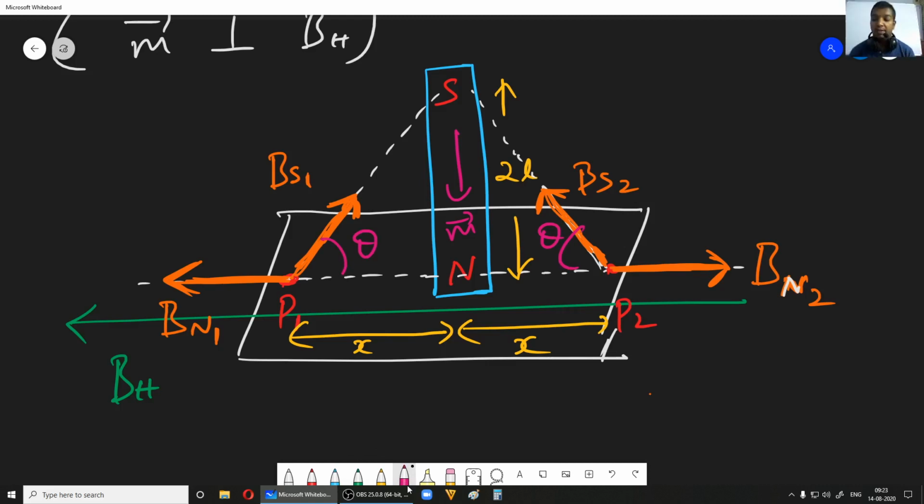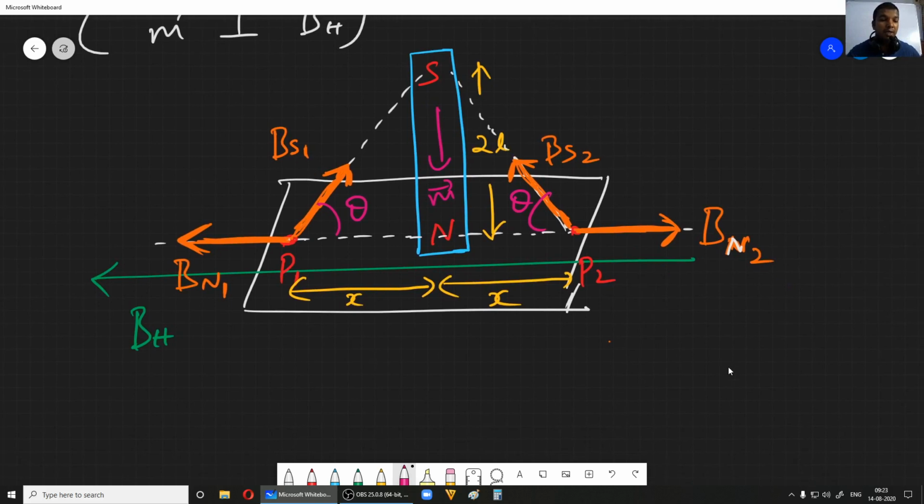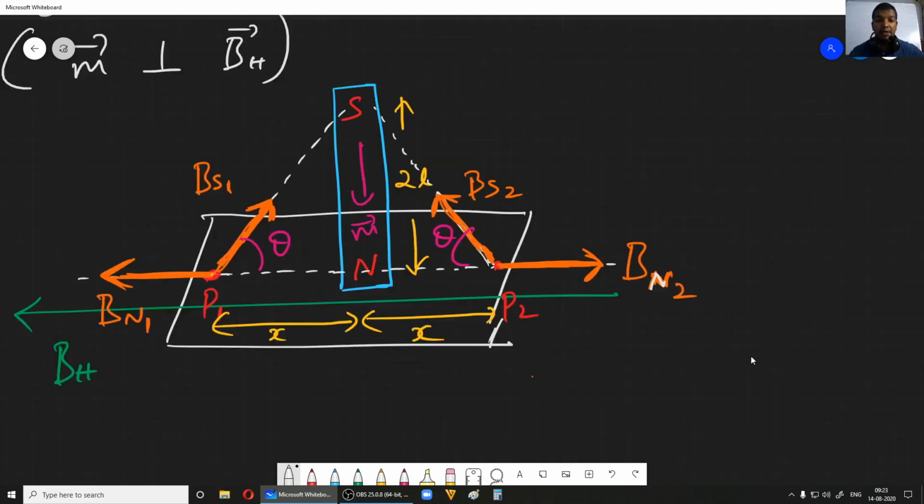Now focus on the direction of the magnetic field due to the earth and the resultant. You need to find the net magnetic field at P1 and P2, and find out whether P1 or P2 can have a net magnetic field of 0.